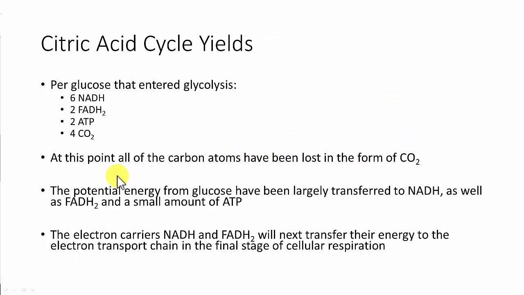Let's take a look at some of our yields here. So from the citric acid cycle, we produced per glucose 6 NADH, 2 FADH2, 2 ATP, and 4 CO2.